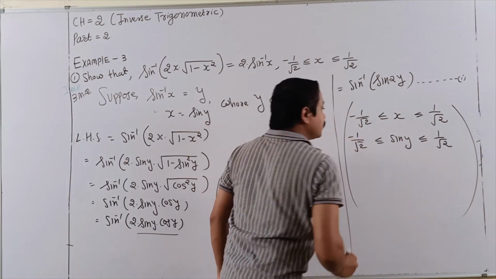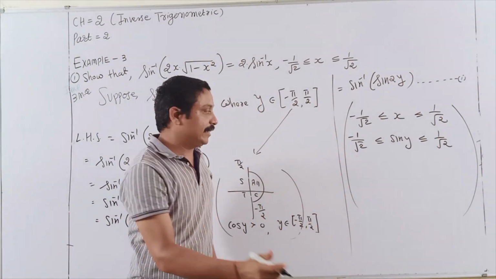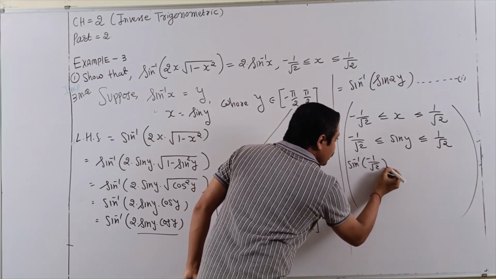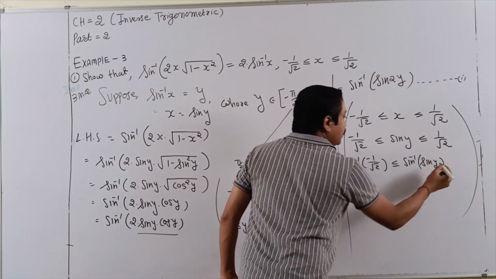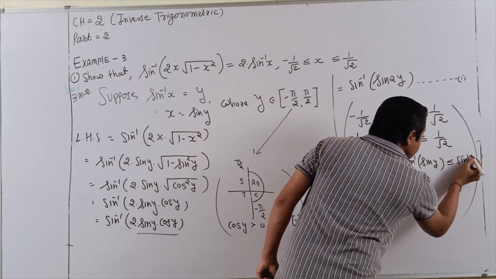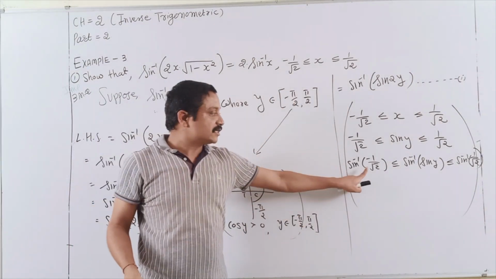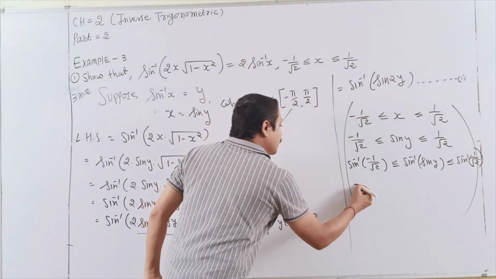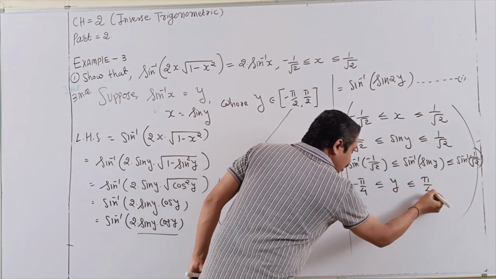Now sin y, converting into only y, I take sine inverse of each term. Sine inverse of minus 1 by root 2 and sine inverse of 1 by root 2. Now students, when sin is minus 1 by root 2, our theorem is known: it is minus 45. Here y and here 45.